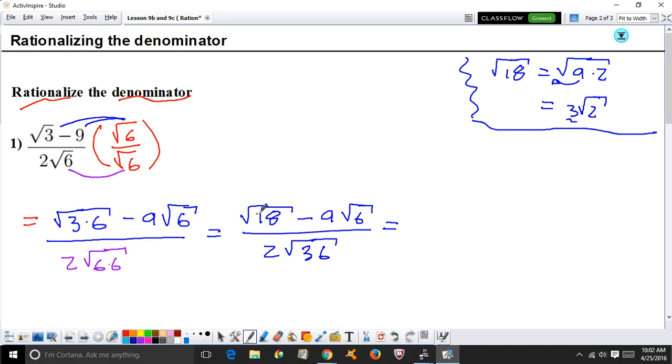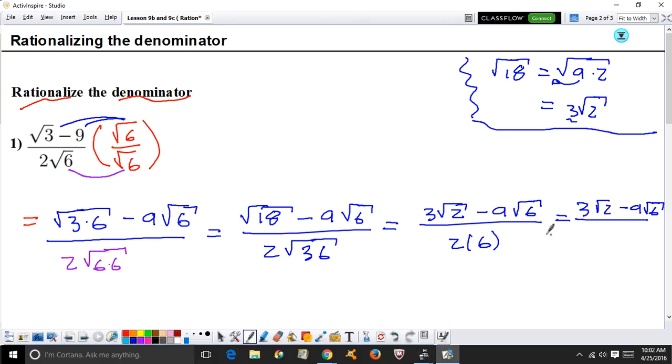So square root of 18 we can rewrite as 3 square root of 2, minus 9 square root of 6. The square root of 36 is just 6, so 2 times 6 is 12. This is the rationalized version of our initial expression.